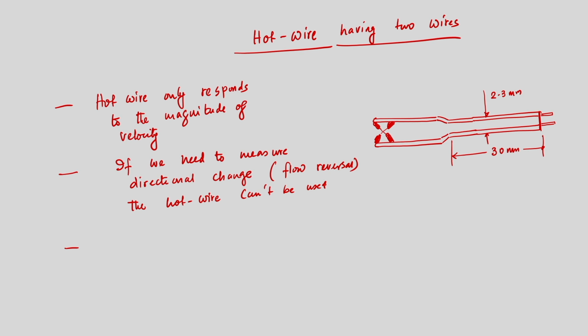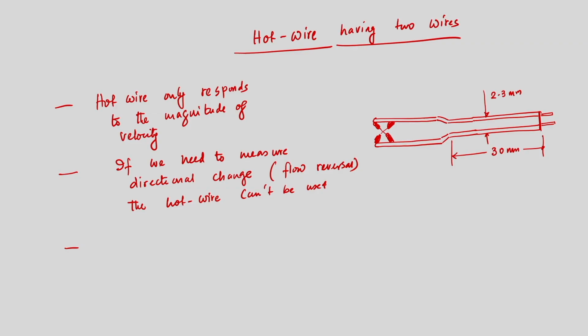Another thing, so these are the important things we should note. This hot wire we can use to measure point velocity. This responds only to the magnitude of velocity. If we need to know the directional change of the flow velocity component, that is, if flow reversal is there, this hot wire cannot be used.